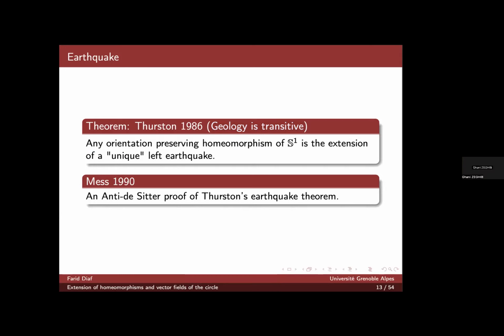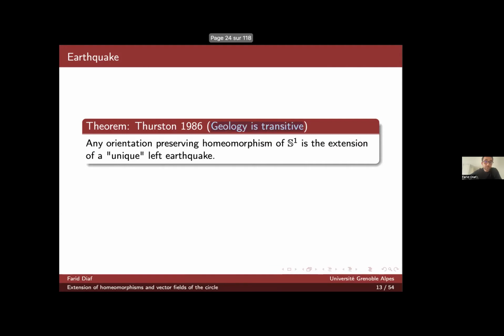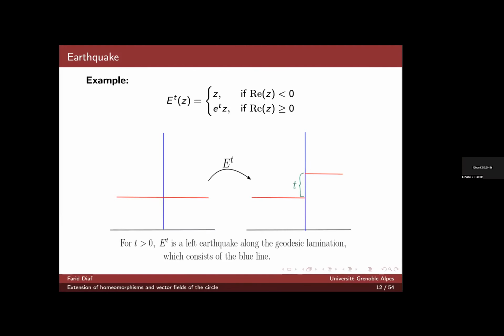this proof. Farid, I have a question. Yes. Observation: earthquakes are discontinuous, yeah? They are continuous, as you see. But for their extension to the circle, you assume them, or maybe they are always, this is the question, homeomorphisms, yeah? Yes, they are always homeomorphisms. This is the converse of Thurston's theorem. So what is the point?